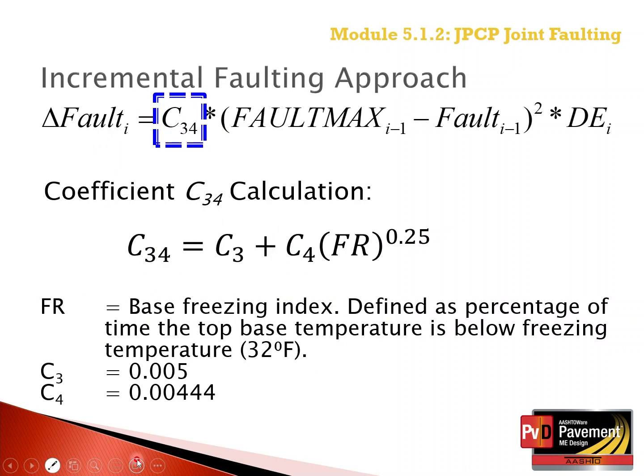First, let's define the coefficient C34. This coefficient is related to the base freezing index, or the FR term. The base freezing index is defined as the percentage of time the top base temperature is below freezing.